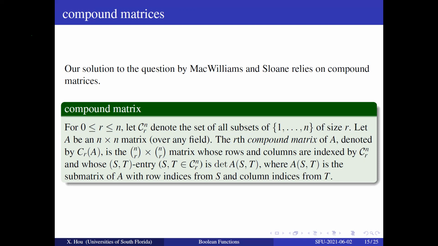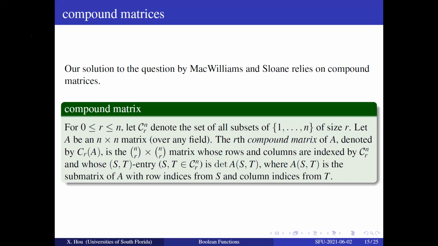So let's start with an n by n matrix A over any field, with no restriction on the field. We define the r-th compound matrix of A in the following manner. This r-th compound matrix is denoted by C sub r of A. It is a matrix of size n choose r by n choose r.